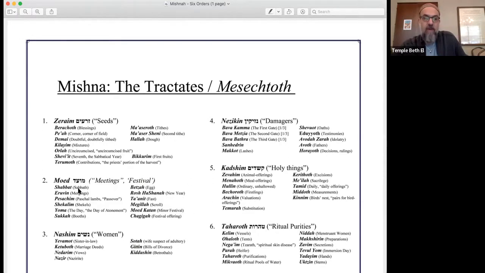There's Zra'im, Moed, Nashim, Nezikin, Kodashim, Taharot. And if you remember, I gave you a mnemonic device by which to remember them. Zman, the first letter of the first 3, Nakat, Zman, Nakat. We've studied from a lot of different Masechtot here, different volumes.